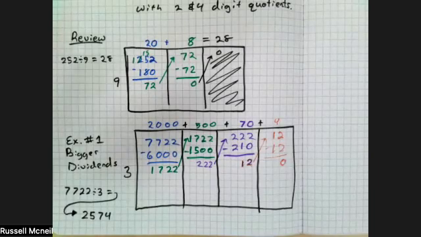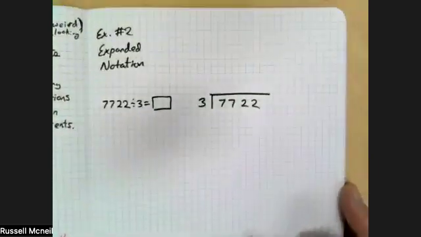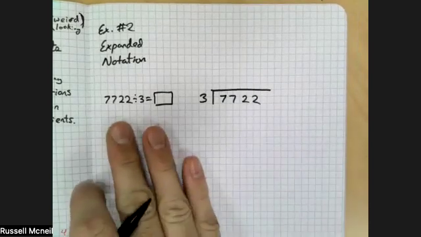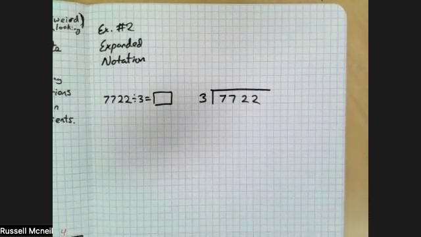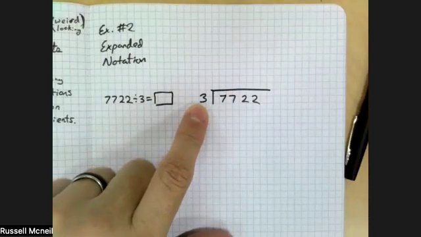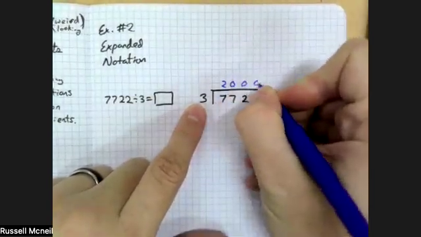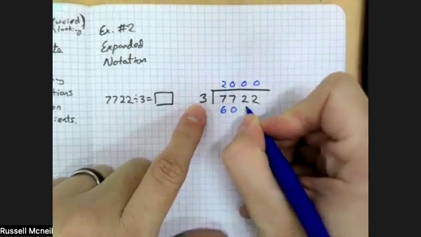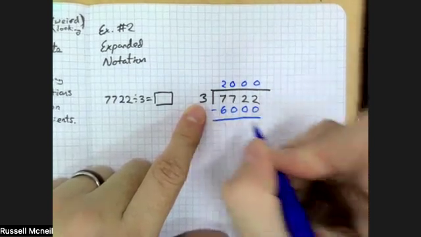The other half is working with similar size numbers, but also with expanded notation. So we'll use the same problem so we know the answer, but here we're going to work our way up. So how many times does 3 go into 7? Easy, that's 2. So we get 6,000. We subtract.